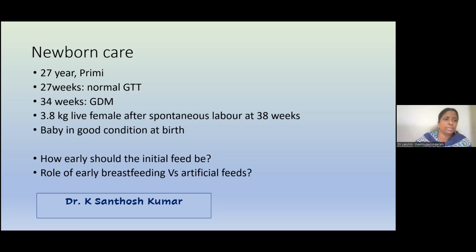So we look at this scenario wherein we have delivered a 3.8 kilogram baby at 38 weeks after GDM being identified 4 weeks ago. I would like Dr. Santosh Kumar's input about when should the early feeding be started? And can we give artificial feeds? As you know, we are now in an era of cesareans.